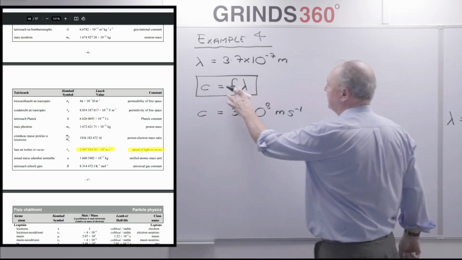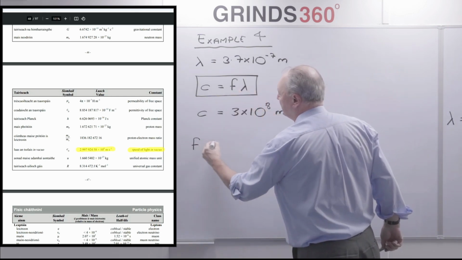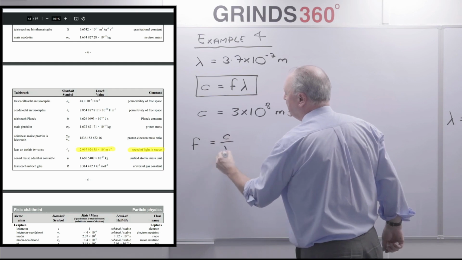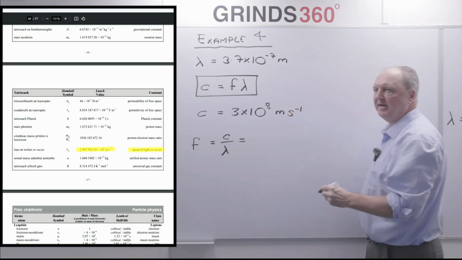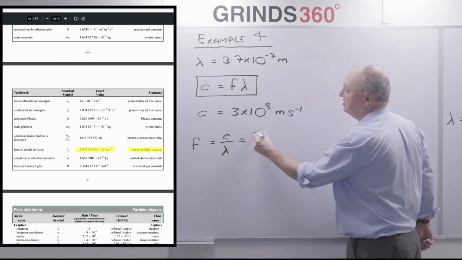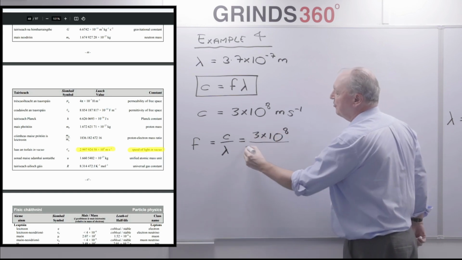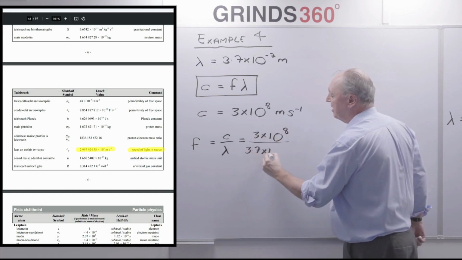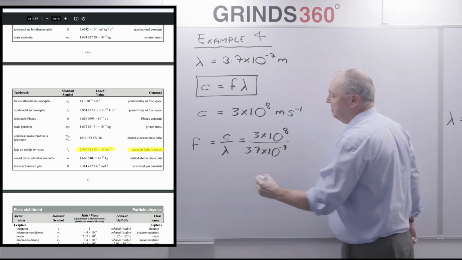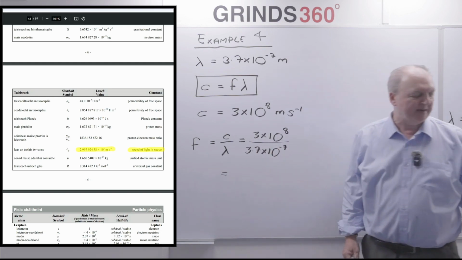Now I'm looking for the frequency of light corresponding to that wavelength. So I'm going to write the formula down in terms of f. So f is equal to c divided by lambda. Speed of light, 3 by 10 to the power of 8, divided by lambda, 3.7 by 10 to the power of minus 7 meters. So put that into my calculator.